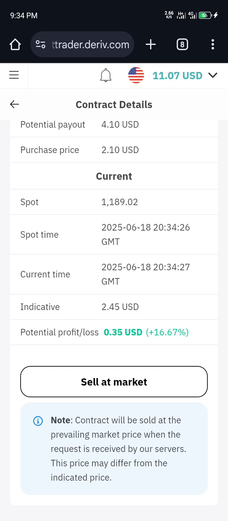You have to exercise self-control. You don't throw in the towel until it reaches your stop loss.